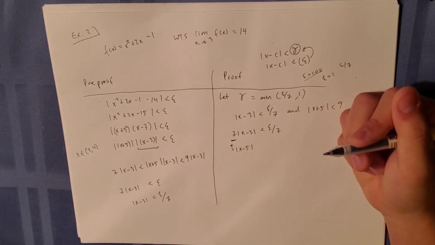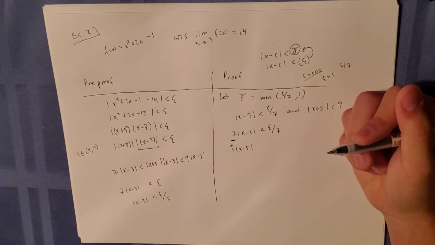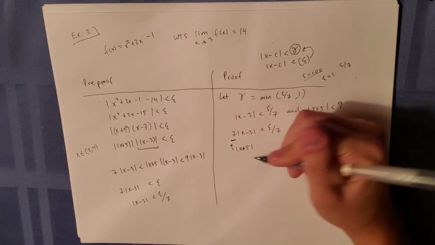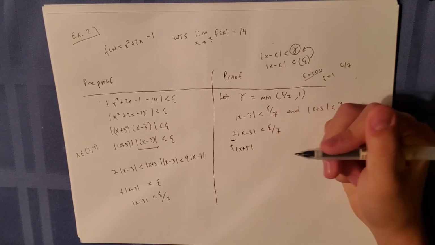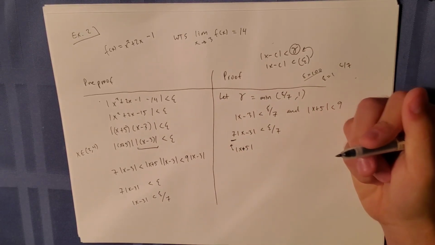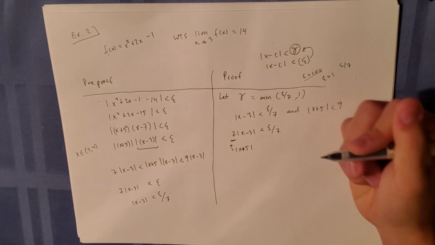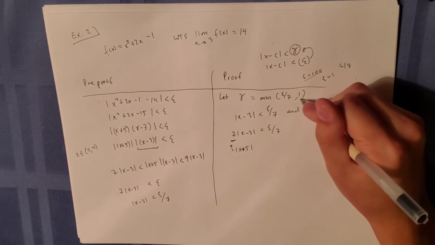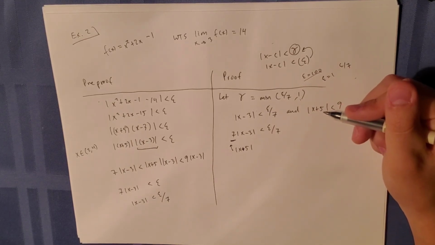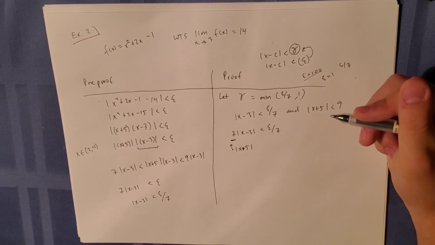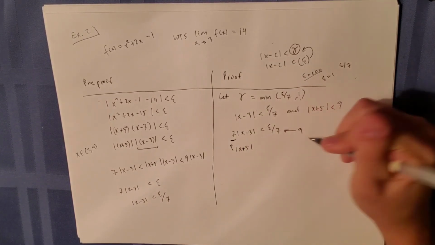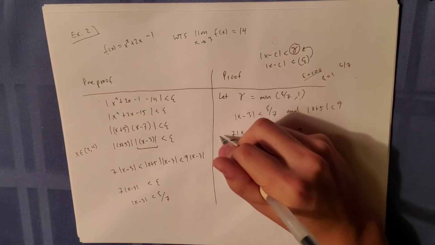Sorry, that's what threw me off. We want this to be x plus 5. However, x plus 5 can be between 7 and 9 if we let our delta be a minimum of 1. So what we want is this to actually be a 9. We want this to be a 9 here.